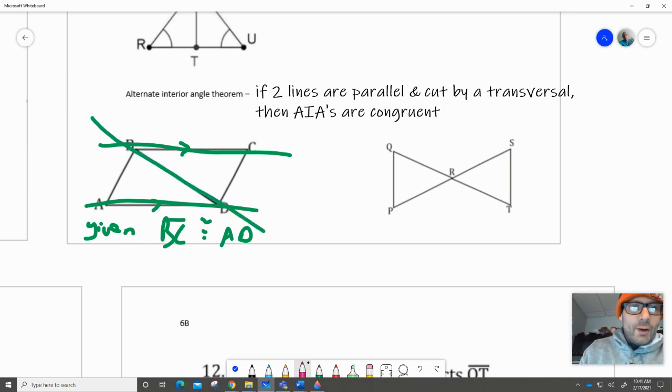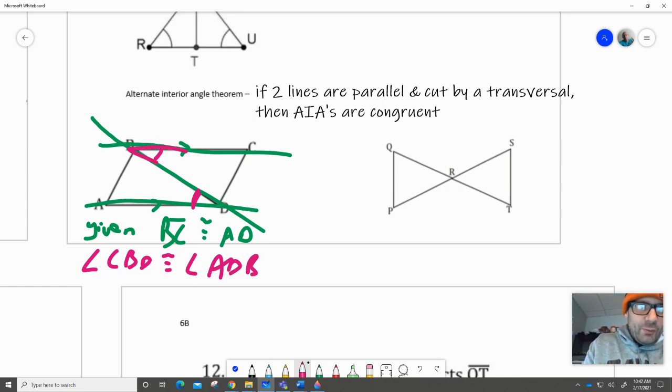Well, what happens is we have a pair of alternate interior angles here, angle CBD and angle ADB down there. So what that kind of proves is we can say angle CBD is congruent to angle ADB.